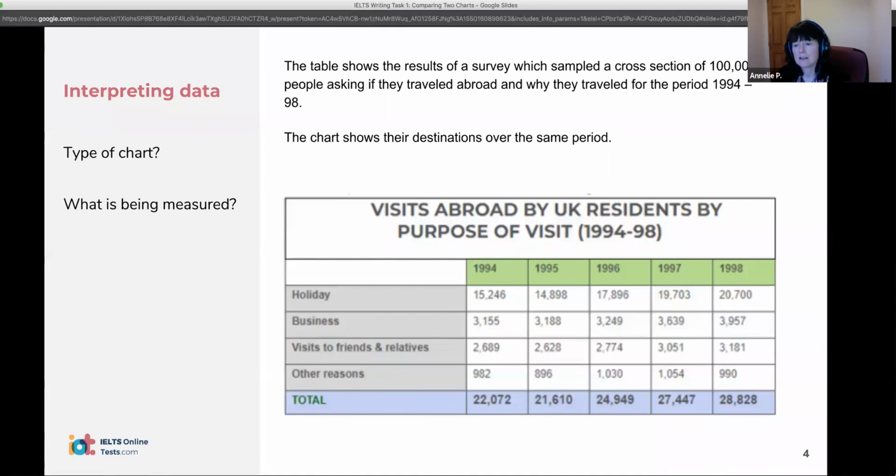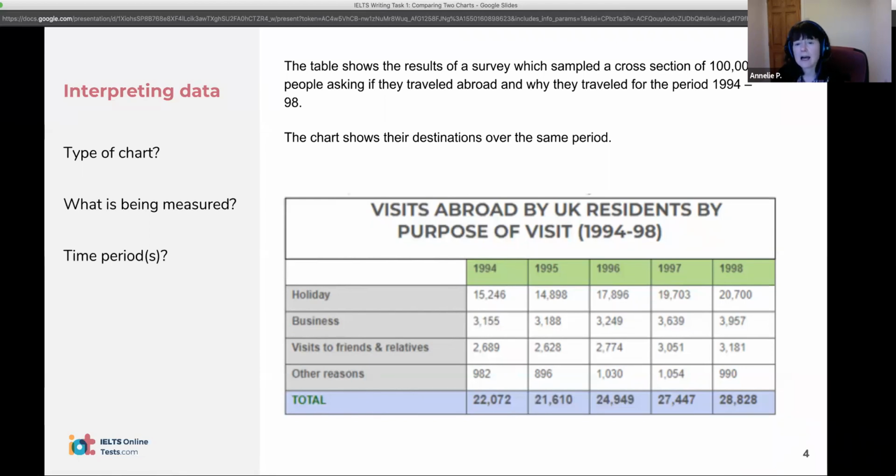Okay, very good. The number of visits where and by who? Okay, very good. Visits abroad by UK residents, and how are we dividing up these visits? Okay, very good, Rodolphe. The reason for the visit, okay? What is the purpose of their visit?